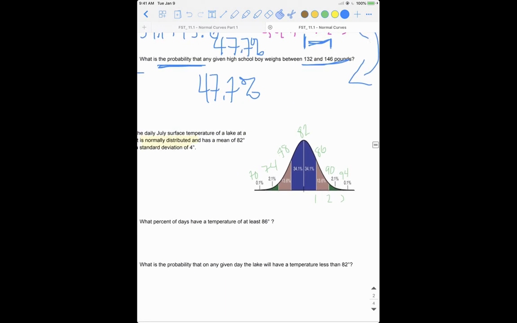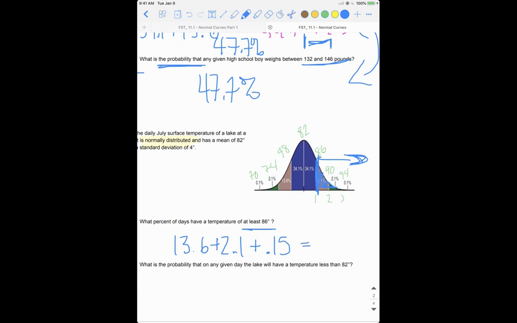All right, we want to know what percent of days have a temperature of at least 86. This is important, so we pay attention to this: at least 86 means it's got to be 86 or higher. Our 86 line is here, so it's got to be 86 or greater. Let's look at our percentages. We've got 13.6 from this space, we've got 2.1 from this space, and we've got 0.1, which we talked about as 0.15.